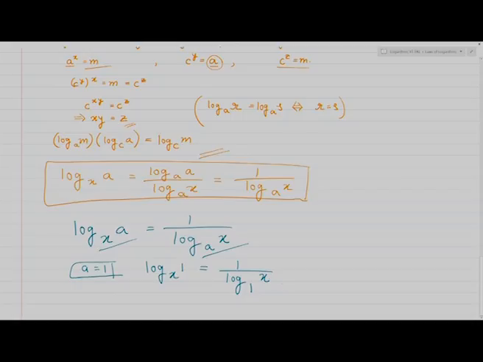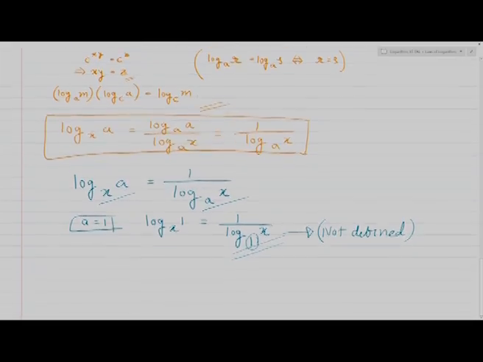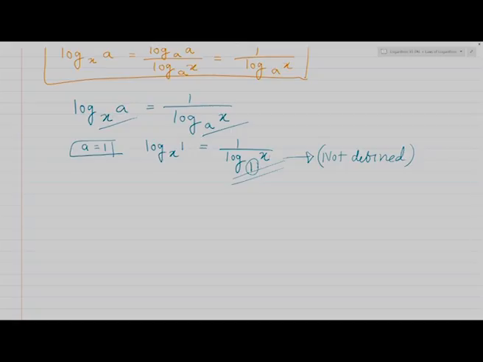This is a problem, because this particular thing is not defined. So, you have to always remember while changing the bases that if you come across a base which is 1, then the log function is not defined. You have to be a little bit careful while deriving these properties.